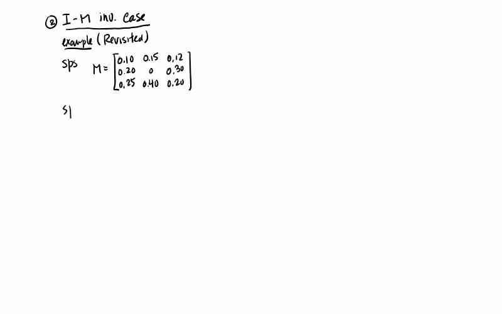Now, suppose in addition we had an external demand. This is a vector that contains the total number of units that must be externally produced. In other words, this is for product 1, this is for product 2, this is for product 3. So how much must we produce overall?